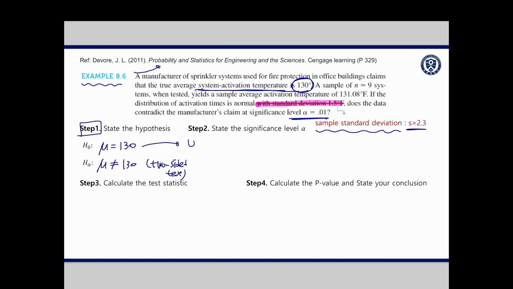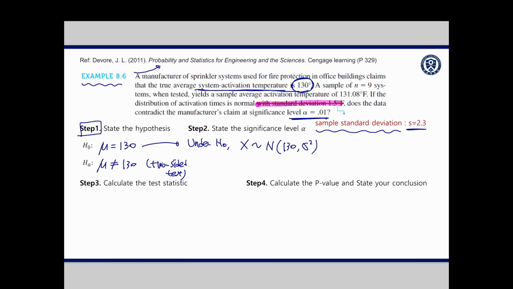Under H0, the population X follows a normal distribution with mu equal to 130 and unknown parameter sigma square.